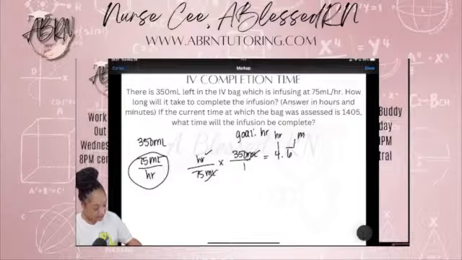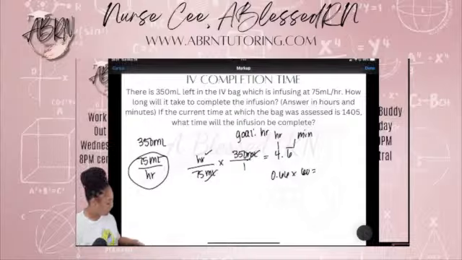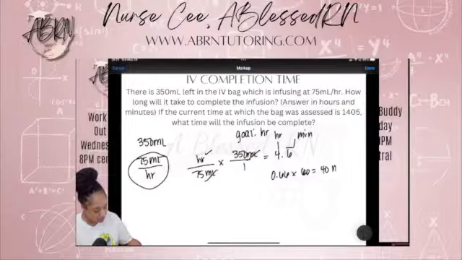This part right here is your minutes. You're going to take everything after the decimal and multiply it times 60. So 0.66 times 60 is going to be 39.4, which is 40 minutes, okay? So it's going to take 4 hours and 40 minutes for this to be completed.